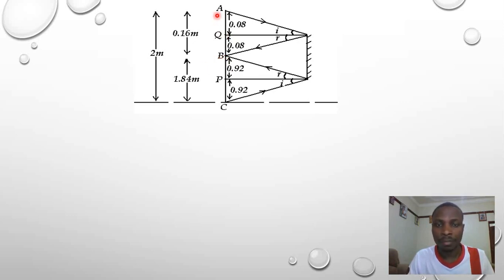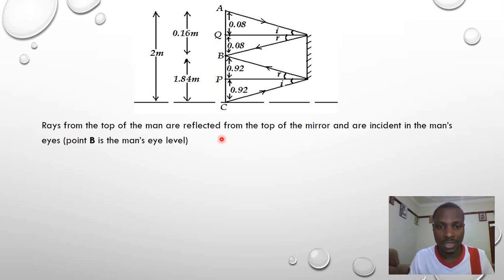A ray from the top of the head, that is at A, is going to be reflected at the top of this plane mirror and is going to be reflected towards his eye at B. Then the angle I is equal to the angle R. So if this angle I is equal to the angle R, it implies that the distance AQ is equal to the distance QB. So the distance BQ is going to be half of the distance BA, which is half of 0.16.